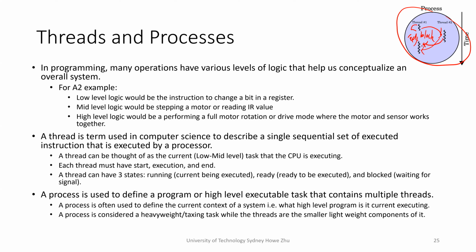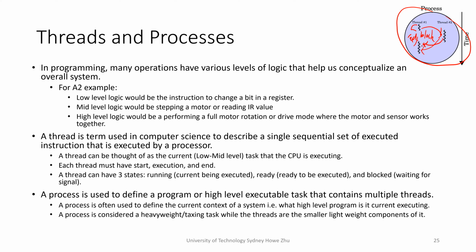Threads and processes aren't something physical or tangible; they're an abstract way of understanding it. The reason we have them is that we need standard terminology to describe things. A task could be anything: a big software program could be a task, or a low-level thing could be a task.